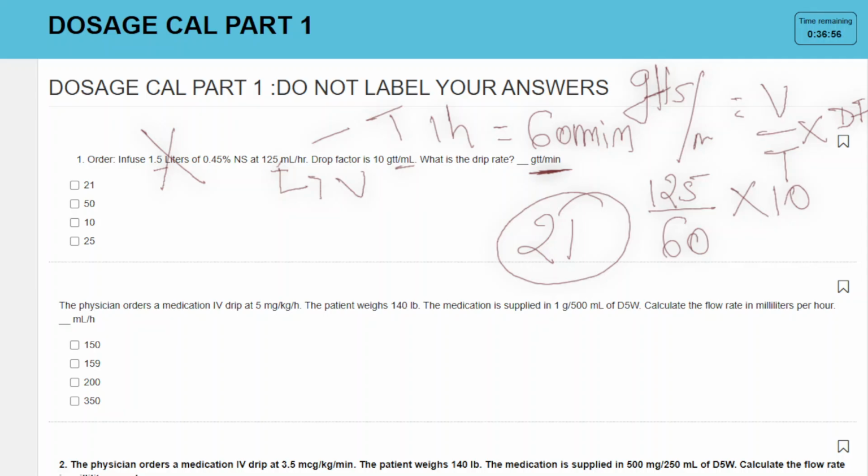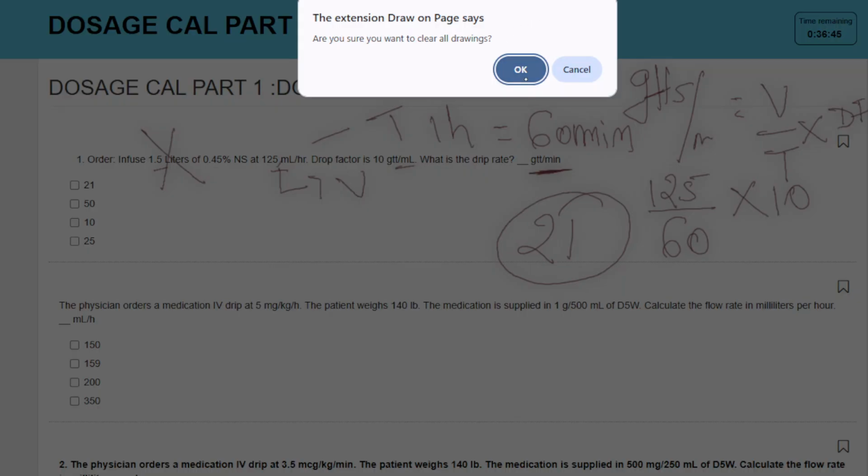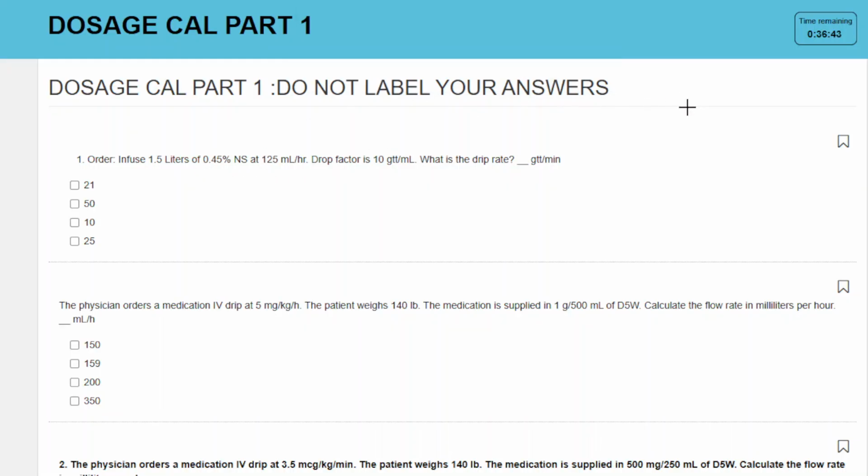Okay. Now, let's solve that using dimension analysis. All right. So with dimension analysis, dear friend, you have to know a couple of things. What are we looking for?